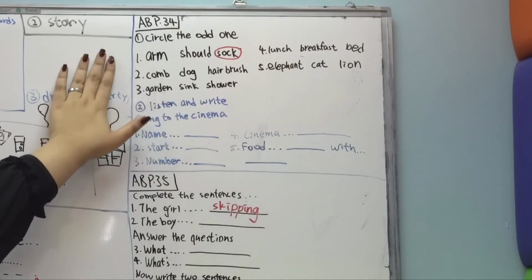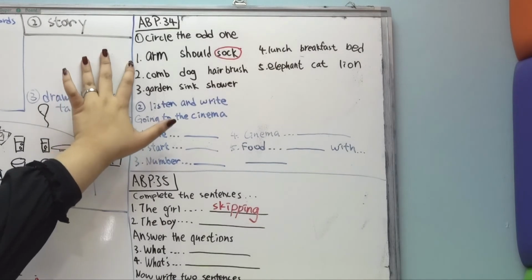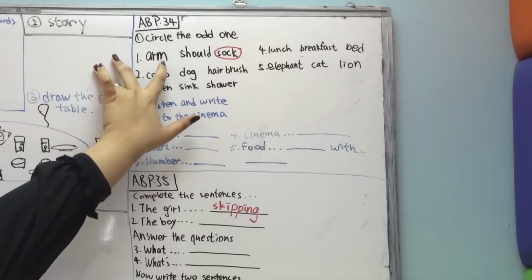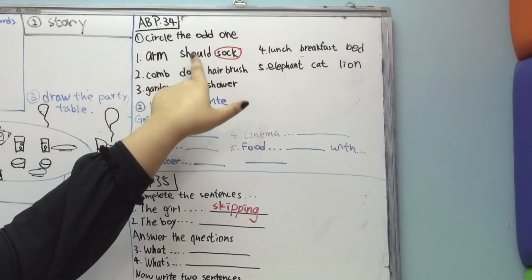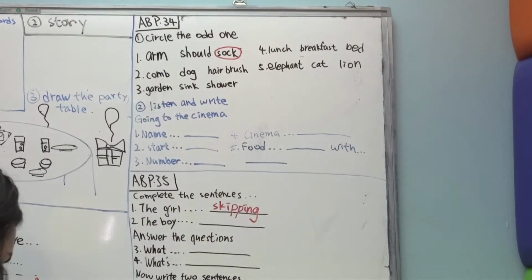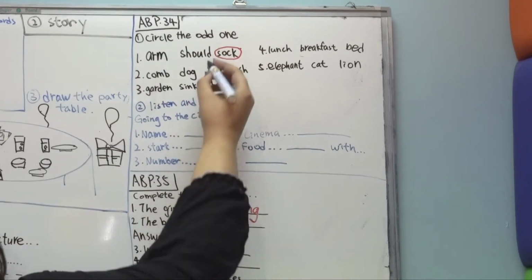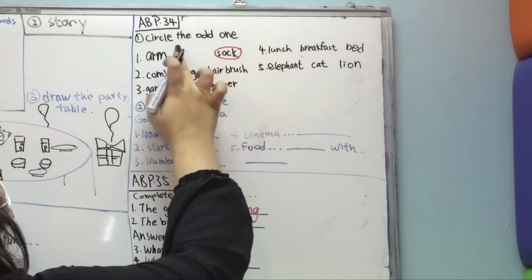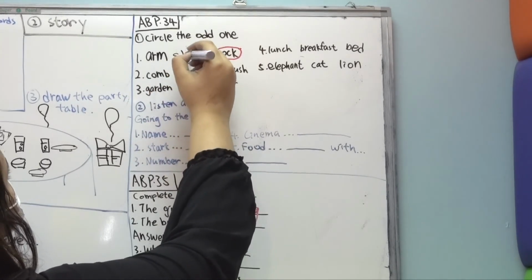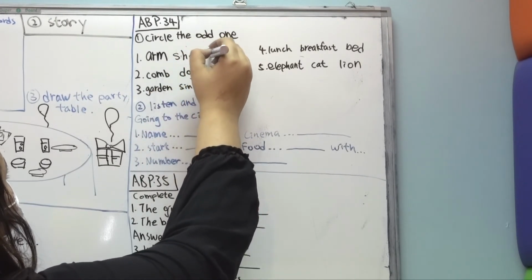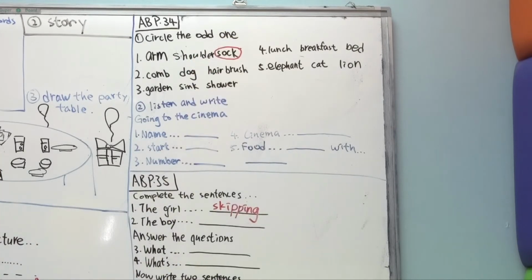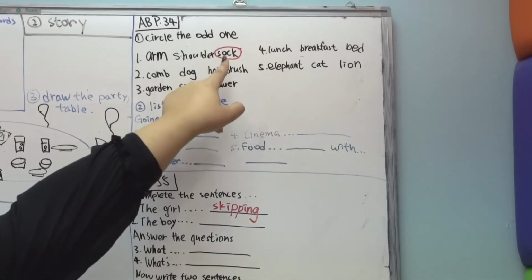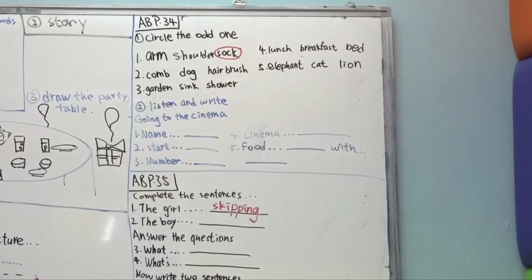The example is number 1, right? You'll see a picture of an arm, shoulder, right? A shoulder and a sock, right? So which one is the odd one in number 1? That has been done for you. Sock.